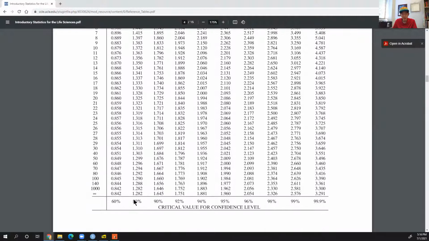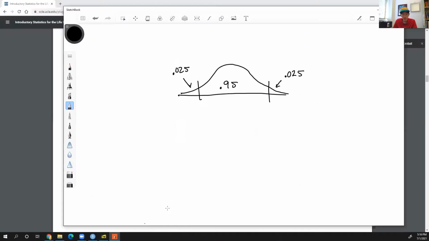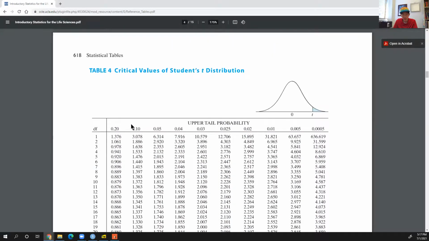And if you're going for the middle 80%, this is a bad picture, you'd have 10% over here and 10% over here. So if you look at 80%, you go all the way to the top, it says the upper tail probability is 10%.